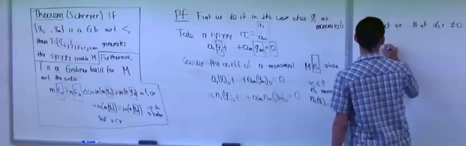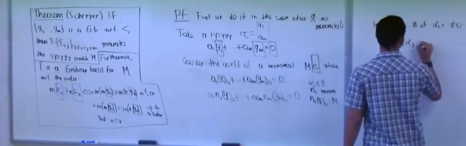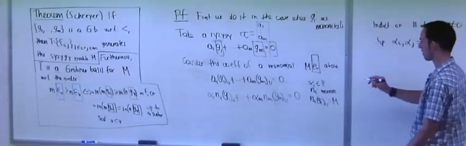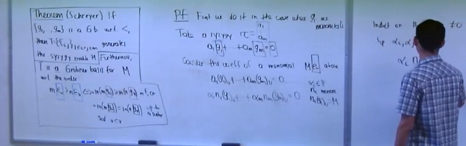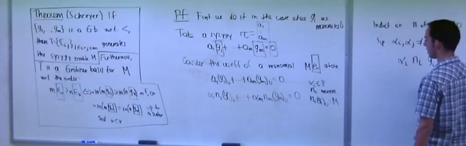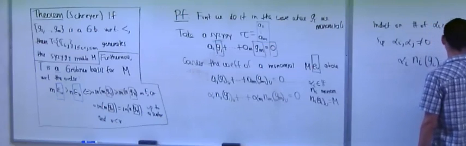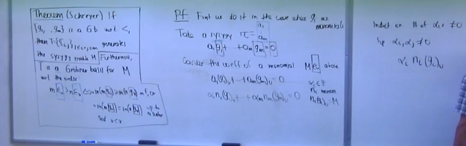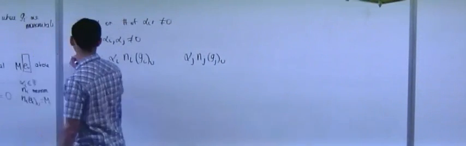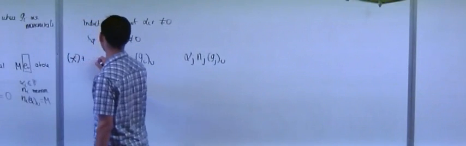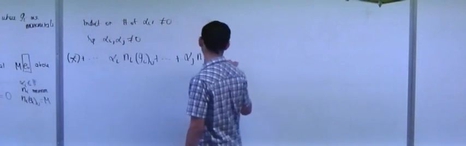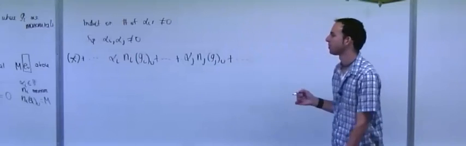So suppose that alpha i and alpha j are not 0. And that means that I have a contribution alpha i ni gi sub u and a contribution alpha j nj gj sub u. And these are part of my equation here. So this includes this.